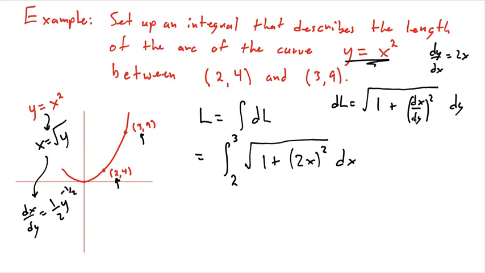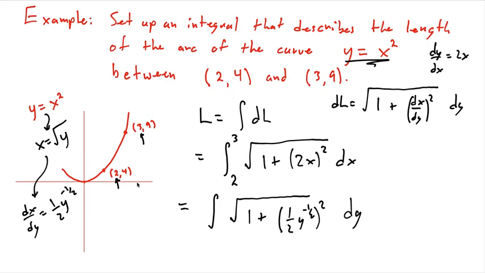Use that in this expression for dl, and a second integral that describes this arc length is the square root of 1 plus dx over dy squared, 1/2 y to the negative 1/2 squared dy. This integral uses y values for the limits. We're integrating from y equals 4 to y equals 9. Both of these two integrals are equivalent to the same value, and they describe the length of this arc of the curve.